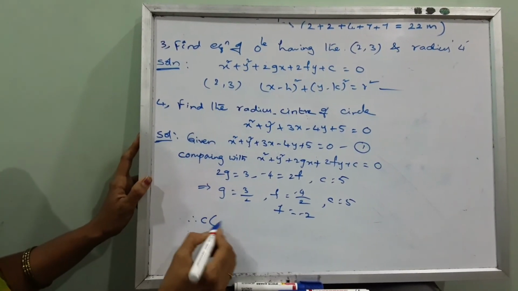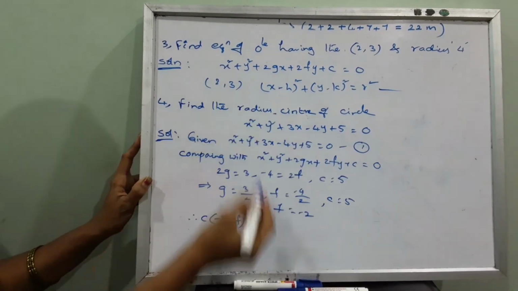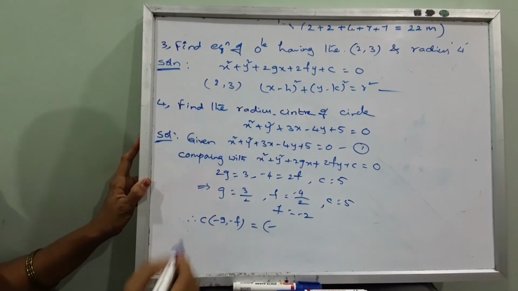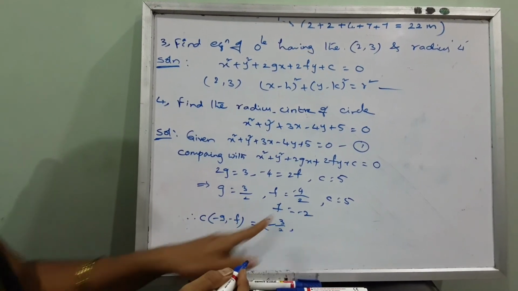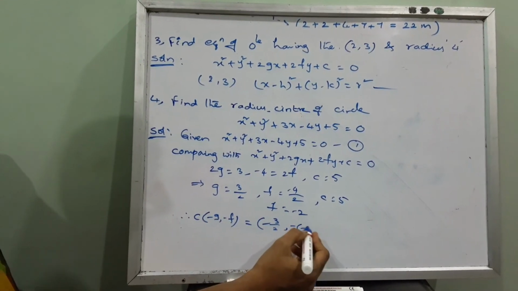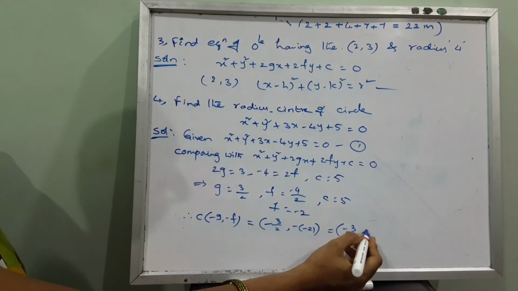Therefore, the center is minus g comma minus f. Here g is 3 by 2, so minus g is minus 3 by 2, comma minus f, minus of minus 2, which is 2. So the center is minus 3 by 2 comma 2.